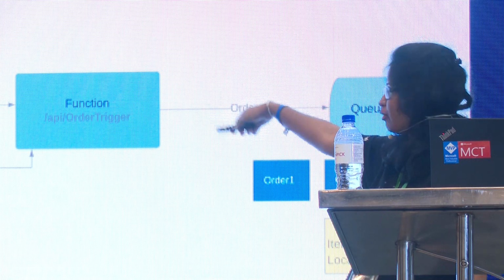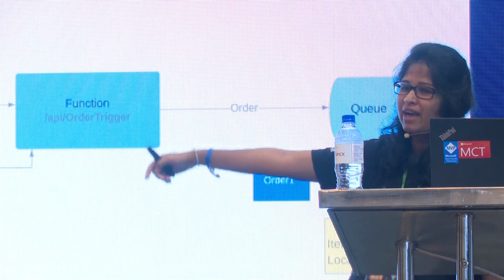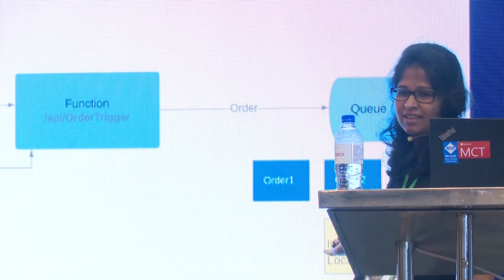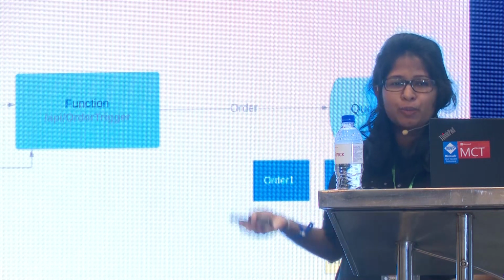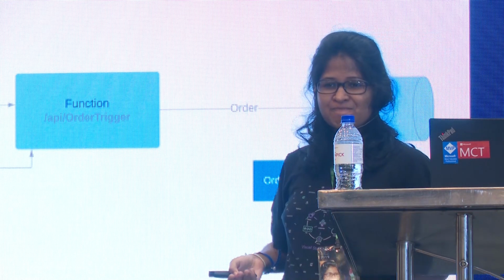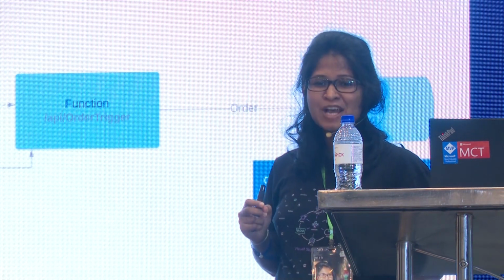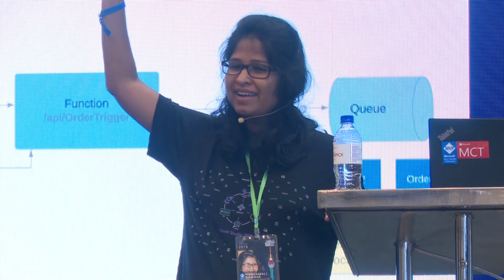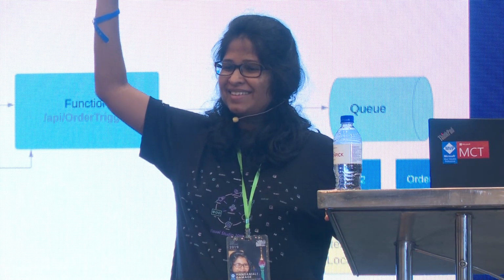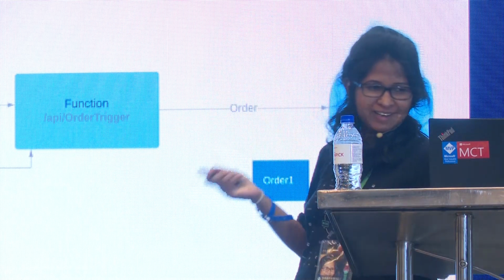For the function we can have input bindings and output bindings. So is the queue the input binding or the output binding? How many of you are saying input binding? Output binding? Okay, so that's the output binding.